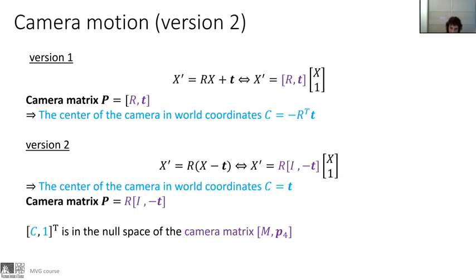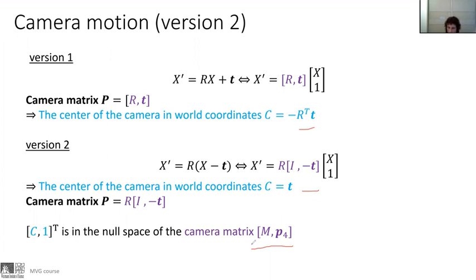This is the difference. In any case, when you have a camera matrix, which I denote here by [M P4], M is 3 by 3 and P4 is the fourth column, a vector of size 3. C, the center of the camera in world coordinates, C1 is in the null space of the camera matrix, in any case, whether it's here or here.